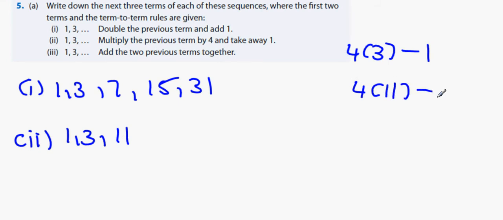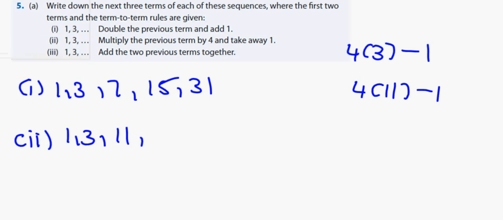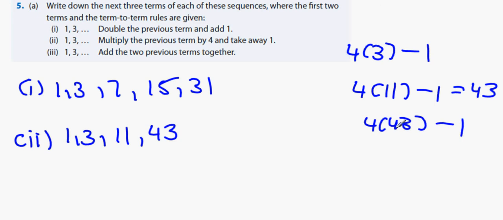And we get, okay, so 4 times 11 minus 1 will get you 43. And finally 4 times 43 minus 1 is going to get you 172 minus 1, which is 171.